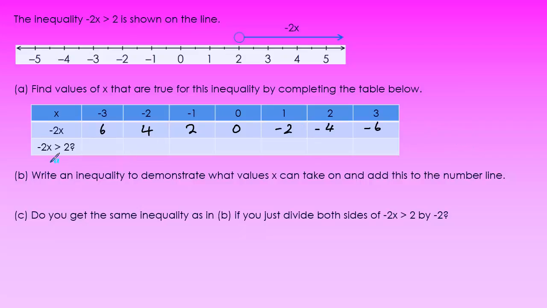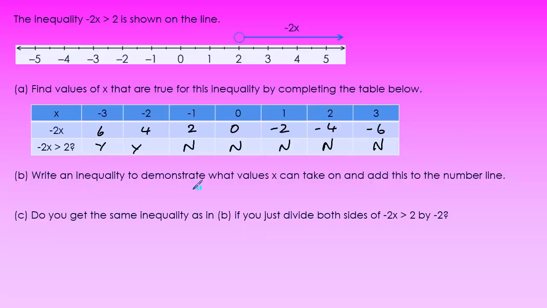Are these greater than 2? Well, this one is, so is this one. This one isn't, because 2 is equal to 2. This one isn't, 0 is less than 2, and the same is true all the way along from there.